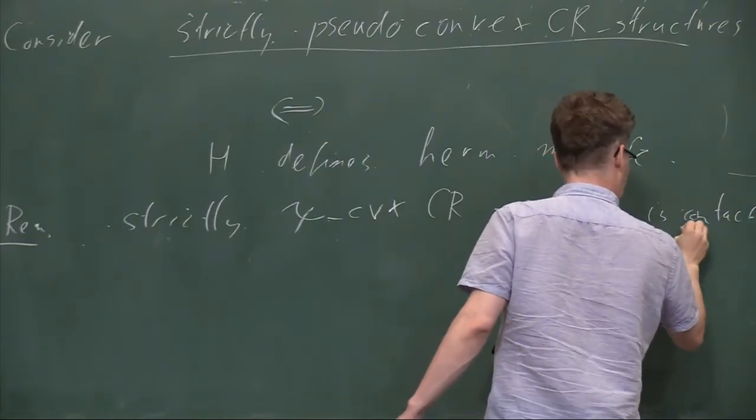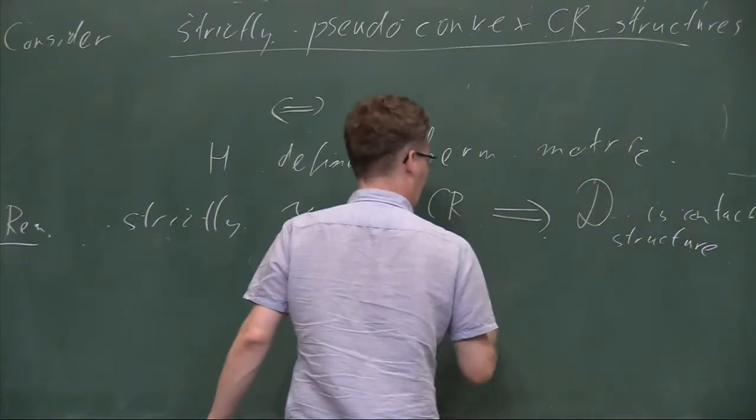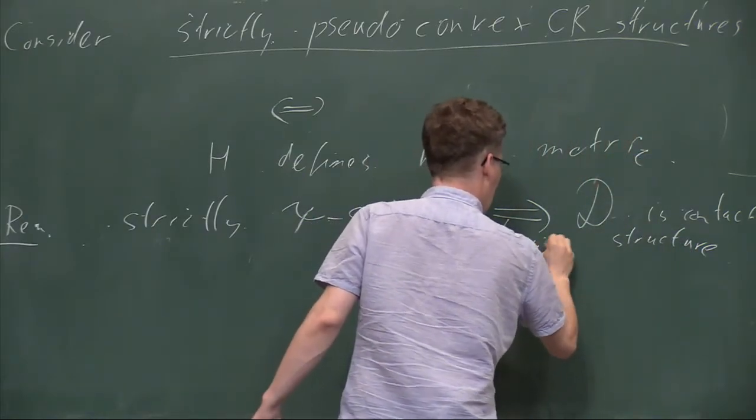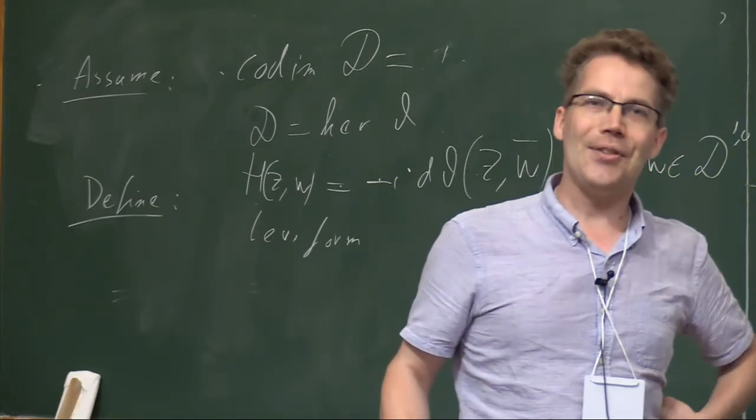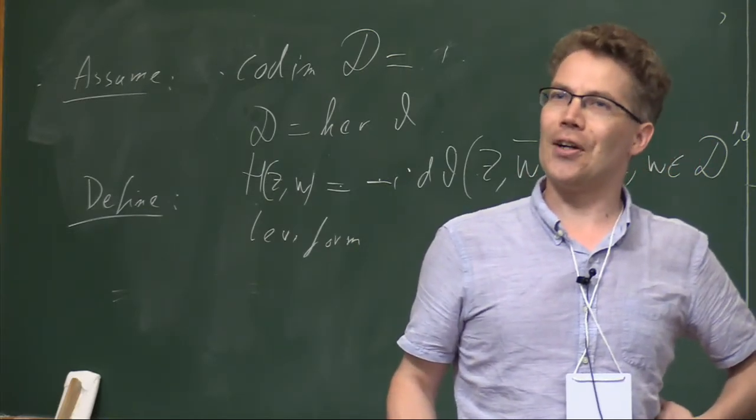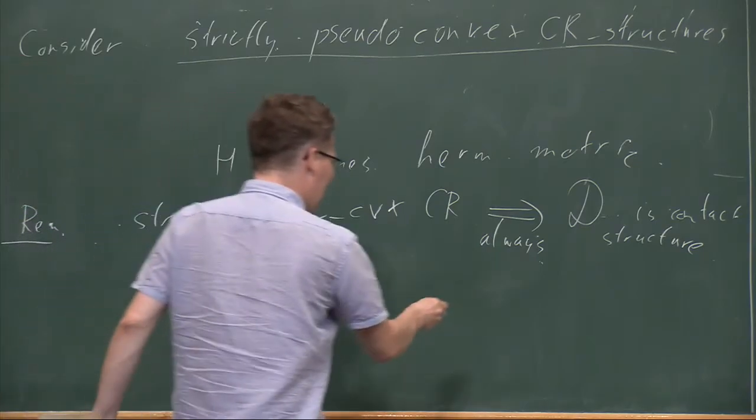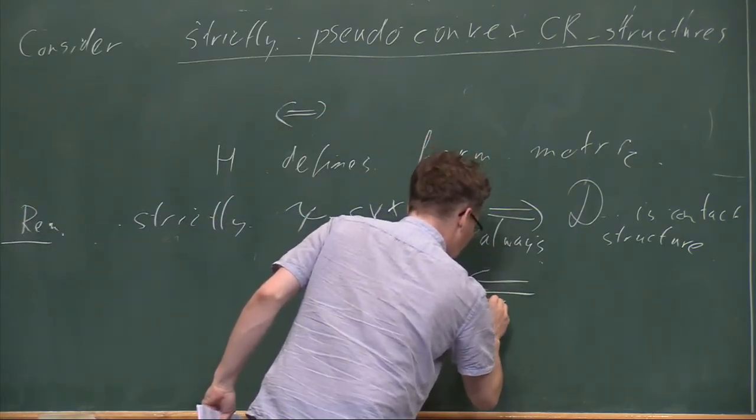This is always true. Now you can ask, suppose I have a contact structure, I can always choose a J, right? So do I then get a CR structure? This implication is true in dimension 3.